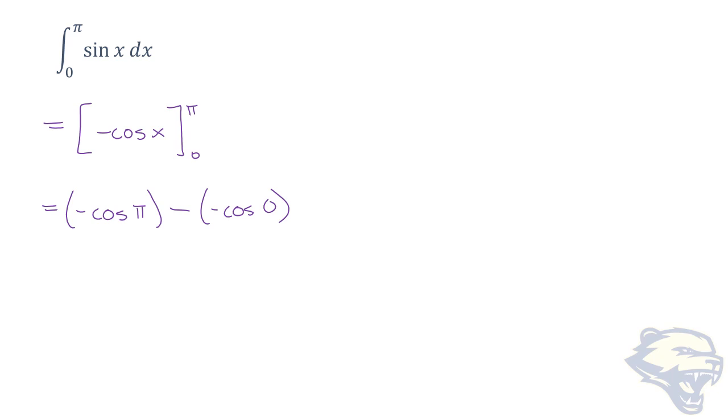Okay, so negative cosine of pi. Just a quick reminder about the unit circle: if we are at pi, then we are over here on the left side of the x-axis. That means that I am at ordered pair negative 1, 0 because I have gone left, but I have not gone up. And cosine is the x, so cosine of pi is negative 1. So this is negative, negative 1 minus cosine of 0. Same thing: 0 is on the right side of the unit circle where I have gone over 1, up 0.